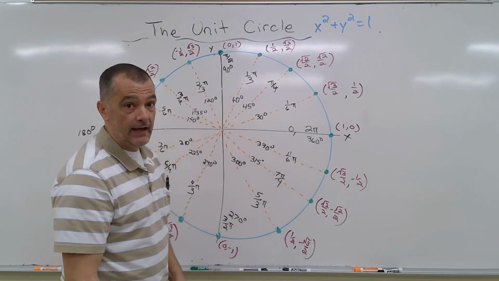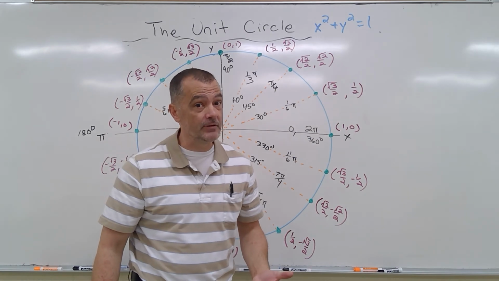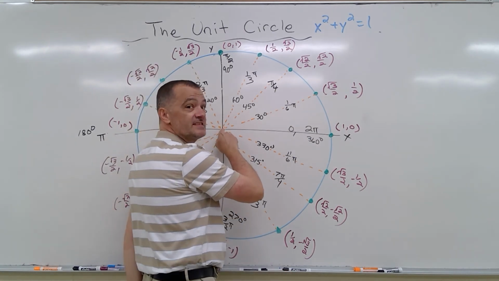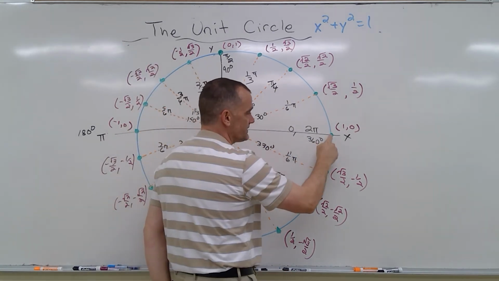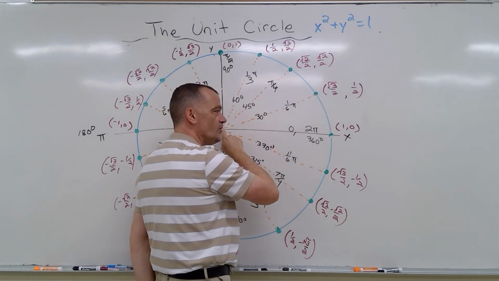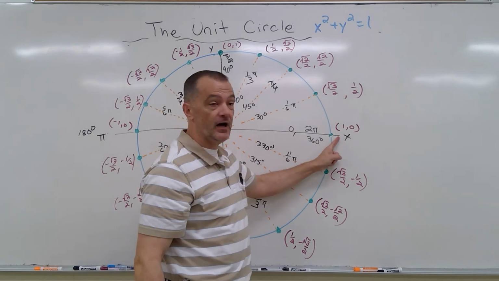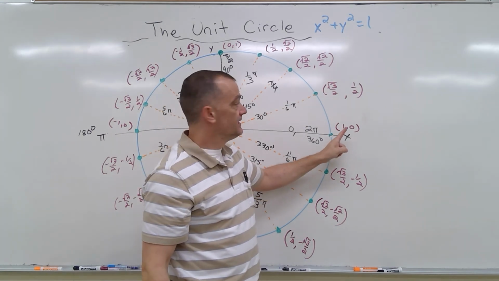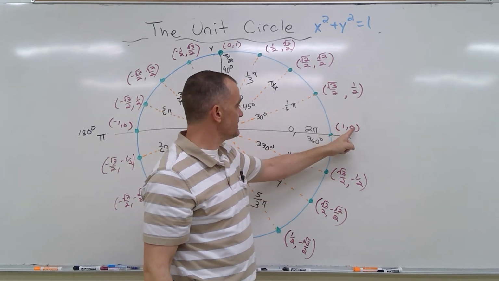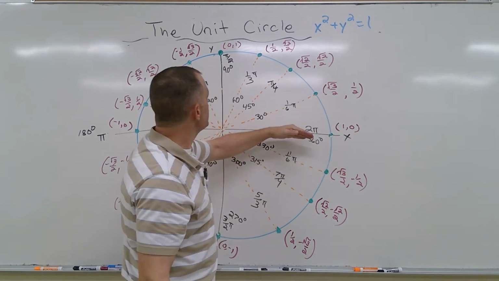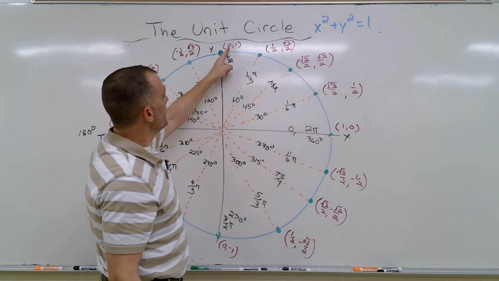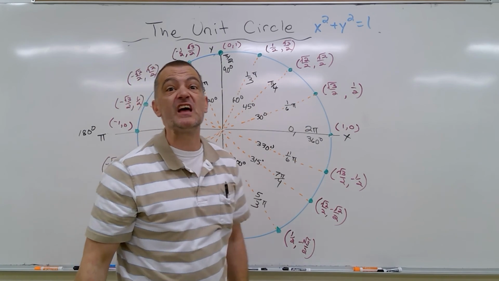So now, the unit circle affords us a couple of extra things. What is the sine of 0 degrees? 0. What's the cosine of 0 degrees? 1. What's the tangent of 0 degrees? Sine over cosine is tangent, so 0 over 1 is 0. The tangent of 90 degrees would be 1 over 0, which is undefined.